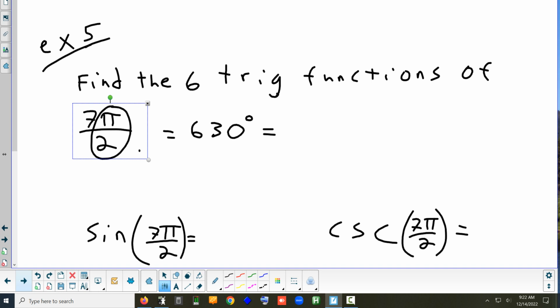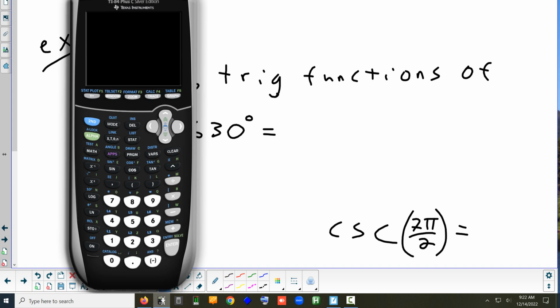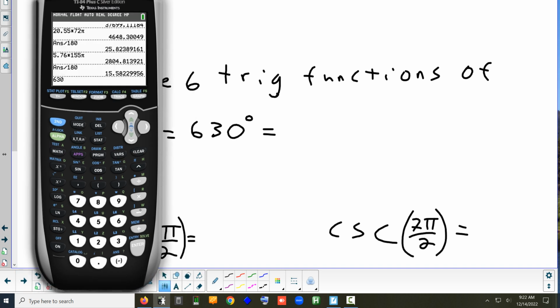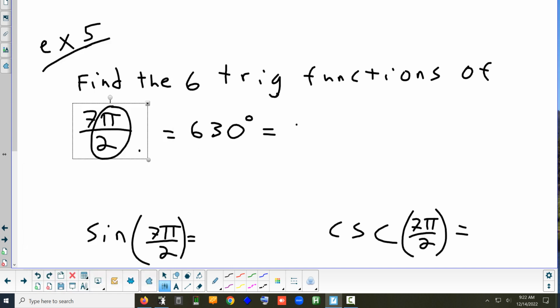Now, even changing it to degrees, that angle's too big for me to really think about on the circle. So we talked about something you can do to that angle to make it smaller. Max? You're going to subtract 360. Yep. We're going to take 630 and subtract 360, and we get 270.